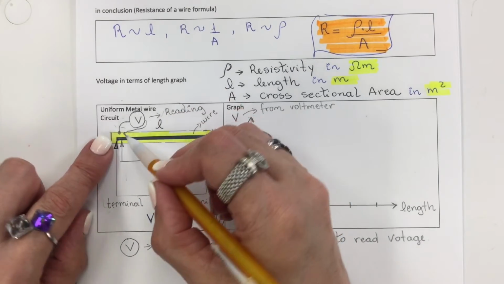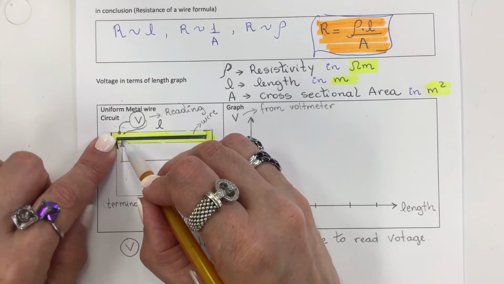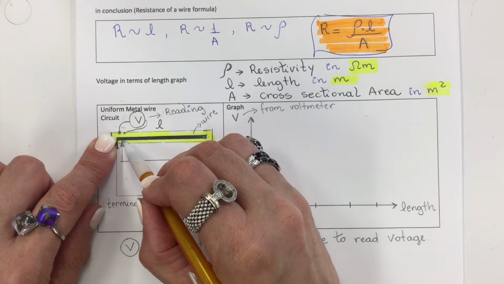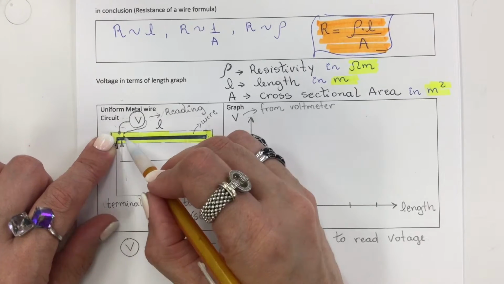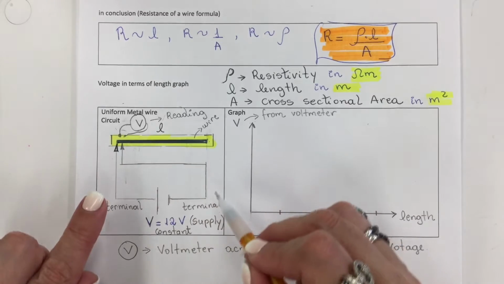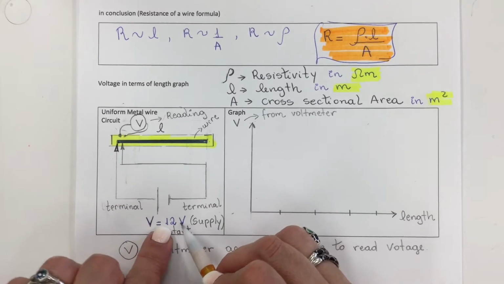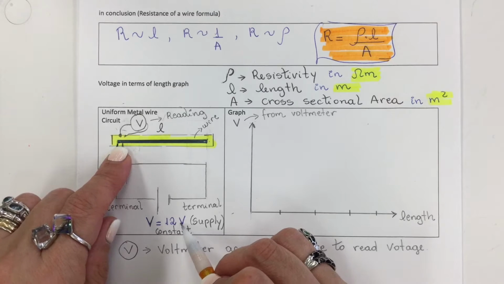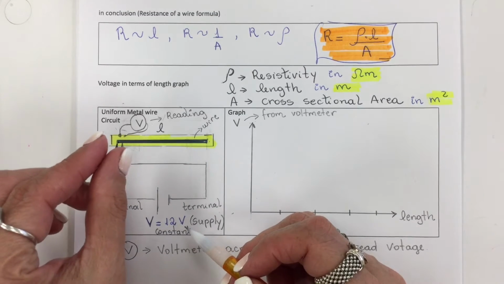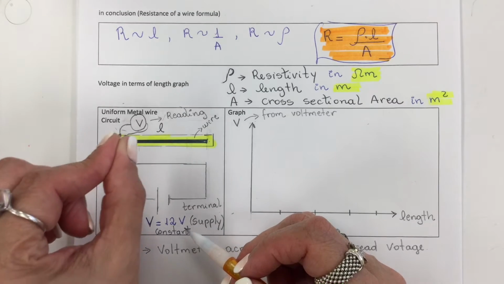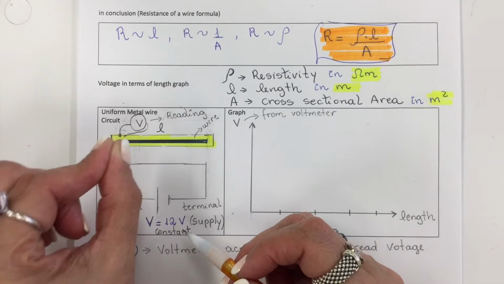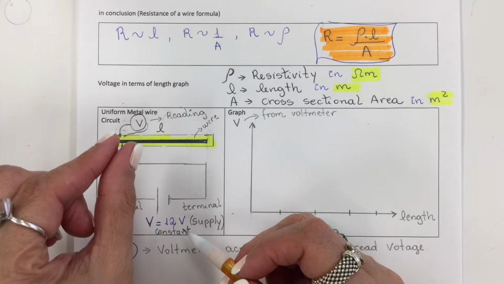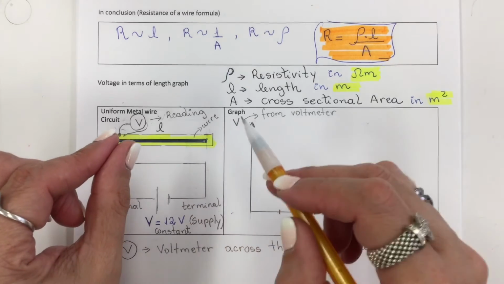If I'm going to read just a very small section of this wire, almost zero, I should be reading pretty much the entire voltage supply, because there is no voltage drop in a small section, because the resistance here is very, very small. Resistance is proportional to length.